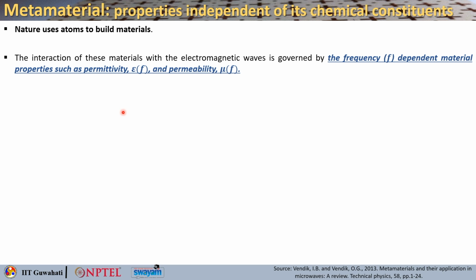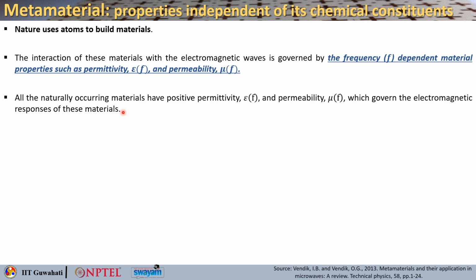Nature uses atoms to build materials. The interaction of these materials with the electromagnetic wave is governed by the frequency dependent material properties, such as permittivity epsilon(f) and permeability mu(f).